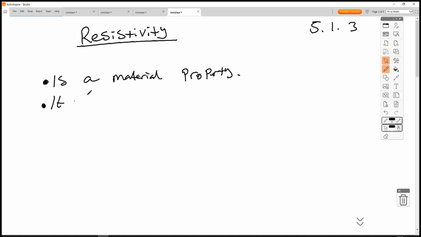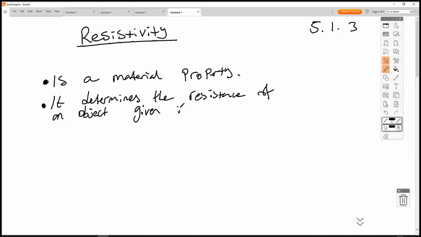And it determines the resistance of an object given its length and cross-sectional area.